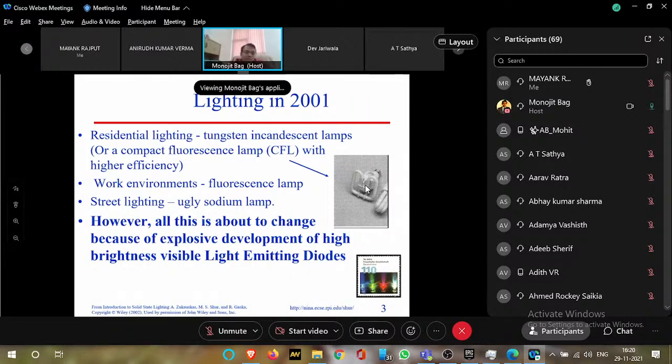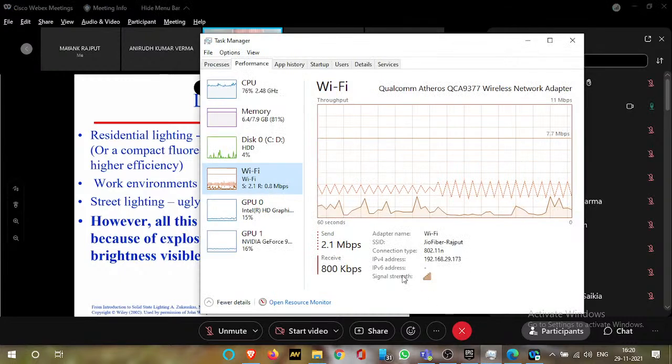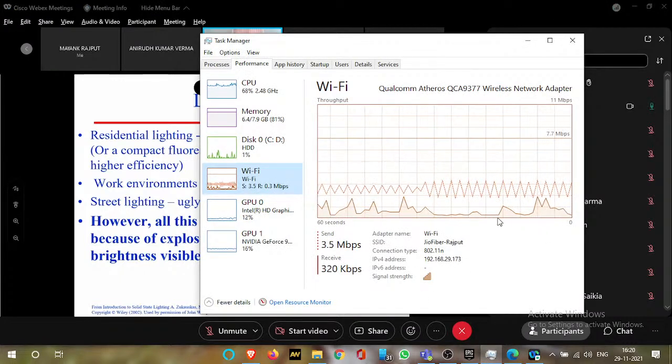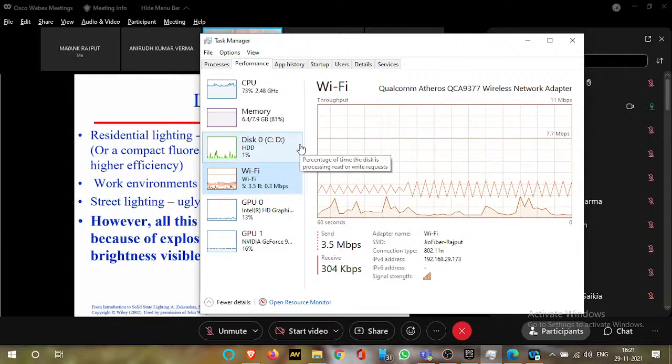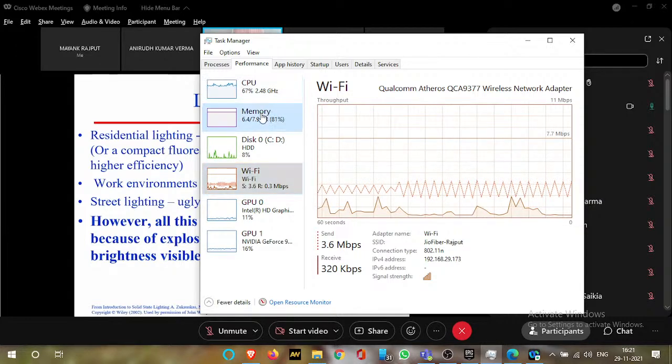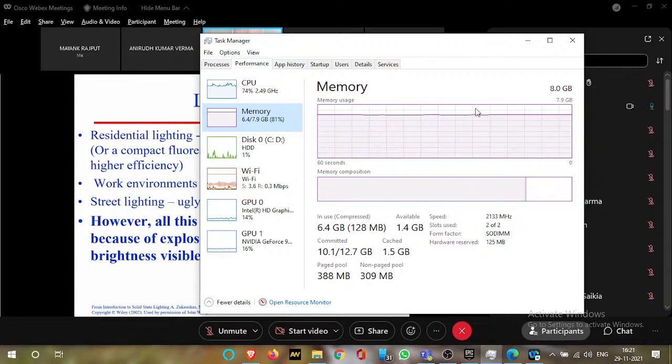That is where the compact fluorescent lamp came into the picture. It was supposed to be the energy saver, known commercially as such, because you can have the same intensity of light using CFL rather than an incandescent lamp.